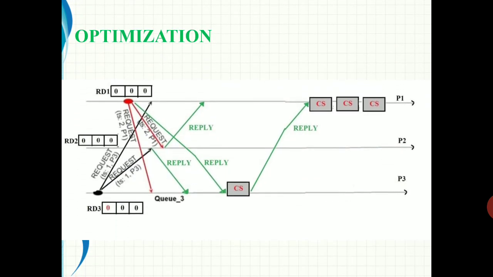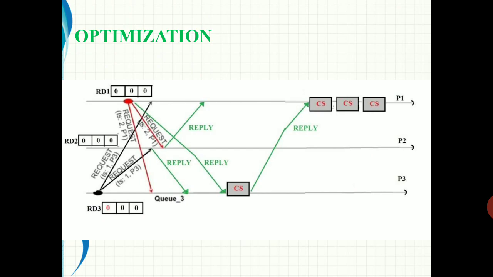We can optimize this Ricart-Agrawala algorithm by some tricks. In the Ricart-Agrawala algorithm, if one process wants to enter the critical section, it sends a request message to all other processes in the system. After receiving all the reply messages, that process can enter the critical section.